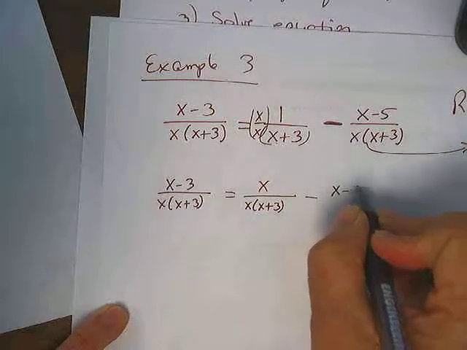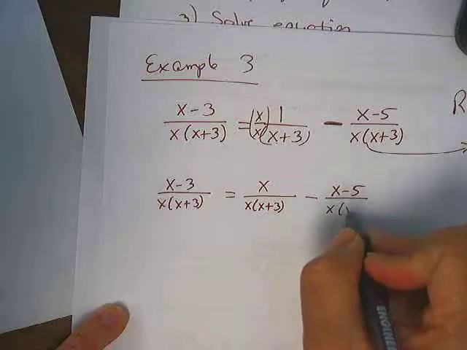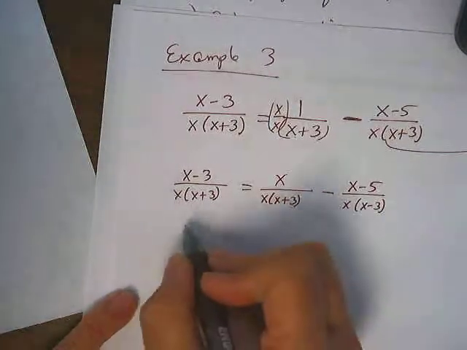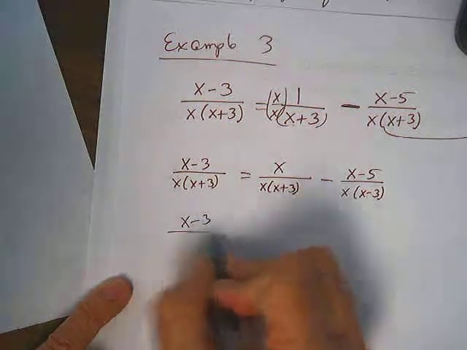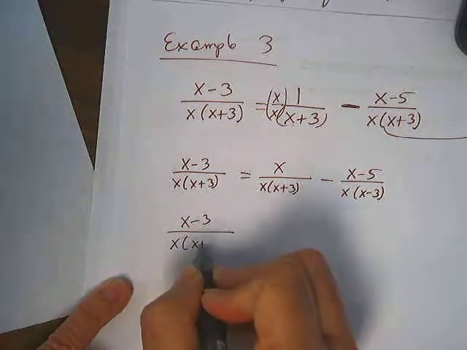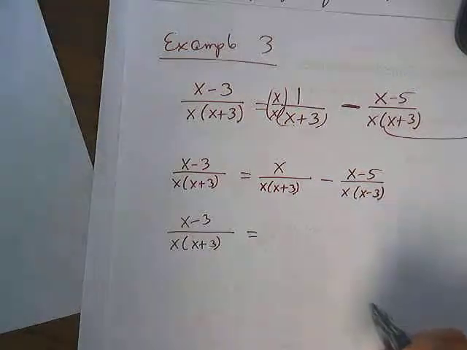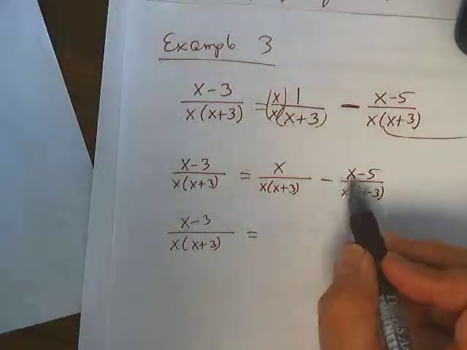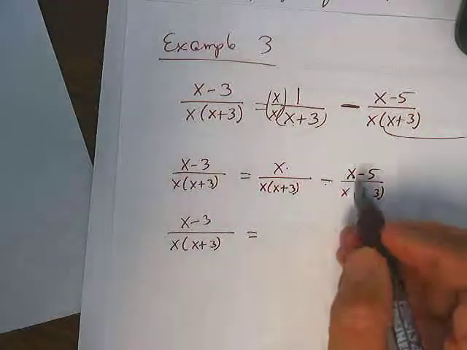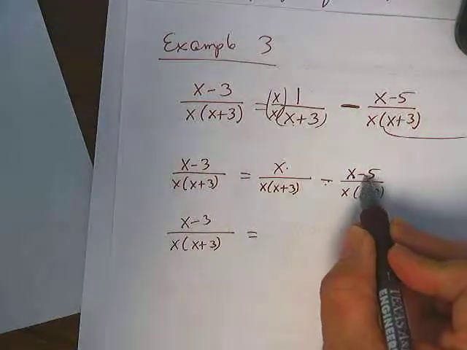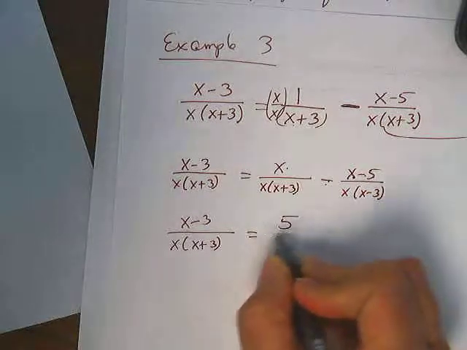Okay, let's combine these now. So we have x minus 3 over x times x plus 3 equals x minus x. That cancels, right? x minus x is 0. And minus a negative 5 becomes a positive 5. Still over. Oops, that should be a plus.